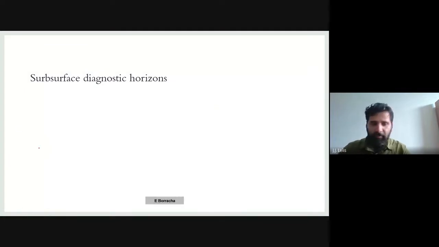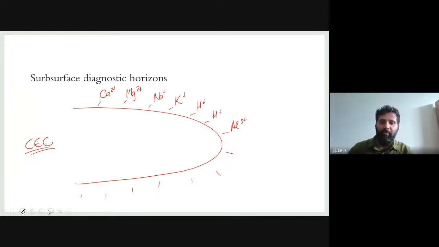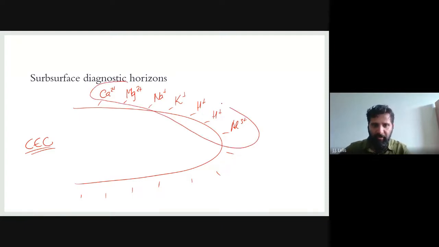So we should calculate the cationic exchange capacity using all the elements that neutralize charges here, including hydrogen and aluminum. We need to include all these elements to calculate this.